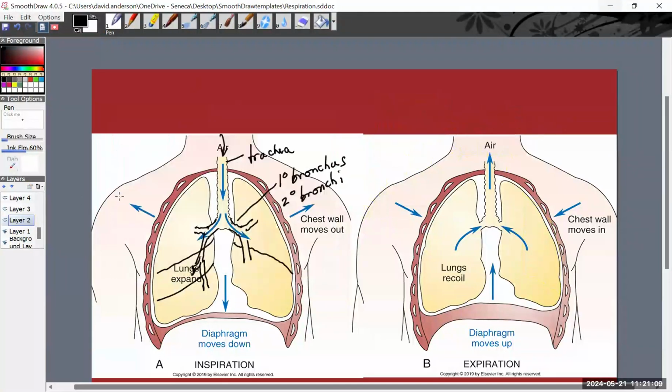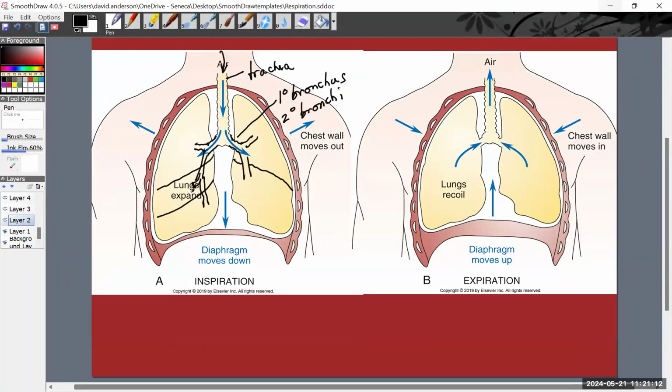Now, if we go back and look at our picture here, appreciate too that from the heart, located right in this space, remember, we're delivering from the right side of the heart, I want blue in there, the pulmonary trunk to pulmonary arteries. Remember, these were an example of arteries that carried deoxygenated blood.